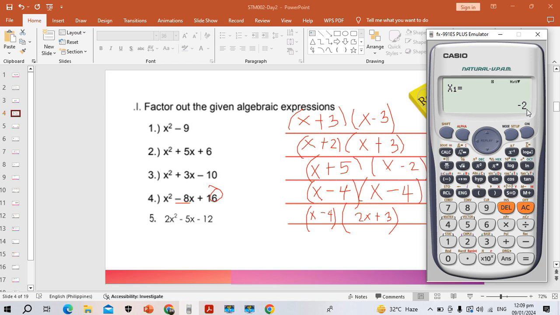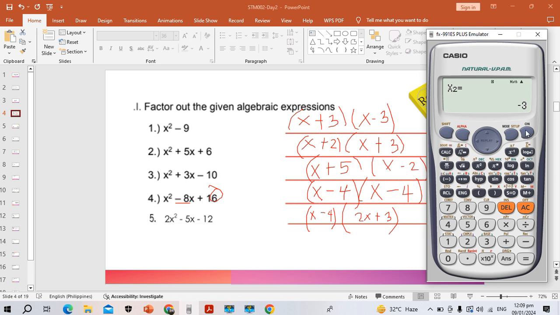Get the opposite sign. Negative 2 will become x plus 2. That's why the first factor here is x plus 2, which is correct. Then the second one is negative 3, another negative. We change it into the opposite sign, so negative 3 becomes plus 3. That's why the answer here is x plus 3. Okay, Miss Lopez is correct.